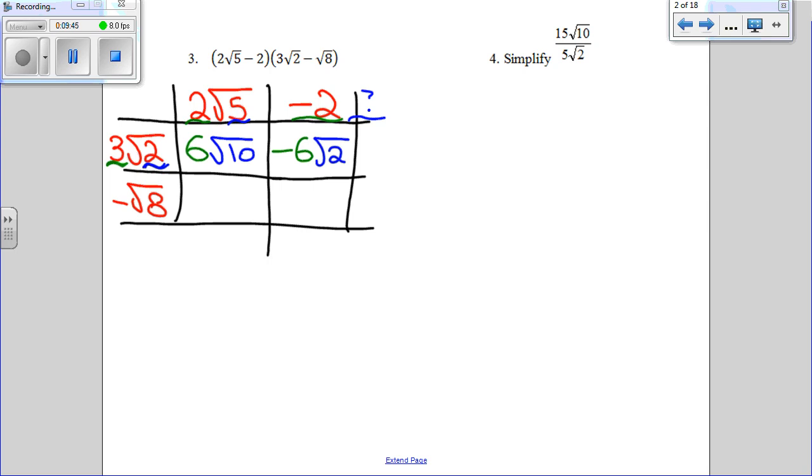There's nothing there. You should be able to do the next two pretty quickly. So this one should become negative 2, because it's a negative sign and a positive 2. And then it's an 8 times a 5, so that should be root 40. The last one should just be, nope, it would be positive 2. 2 root.